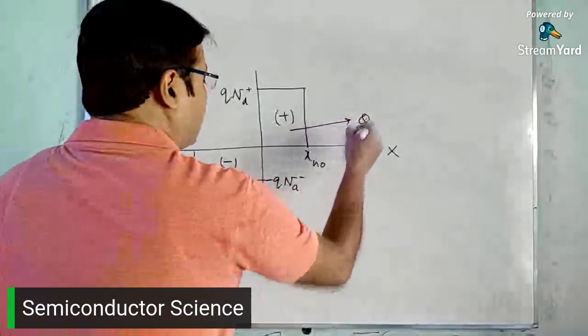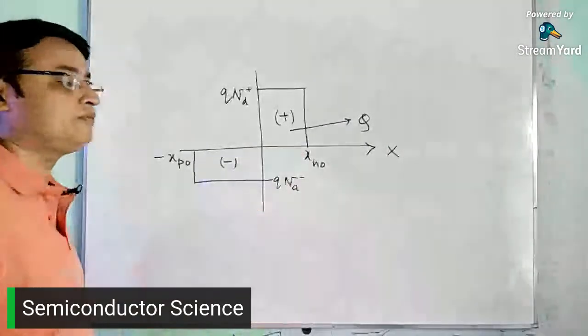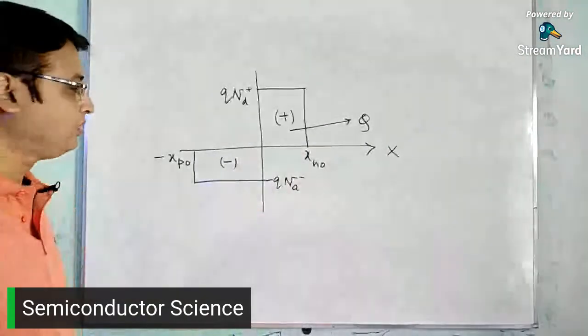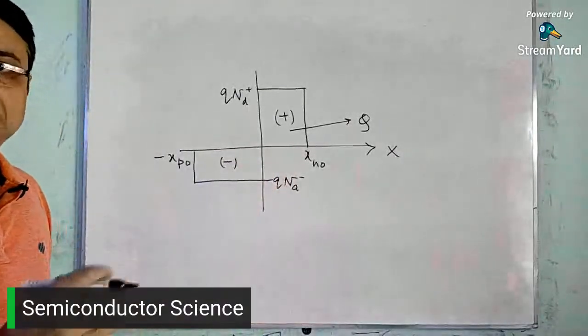Now, what is the amount of charge if the width of the layer is xn0 for the N-type side of the depletion layer?